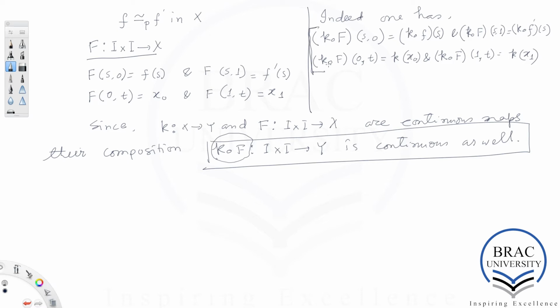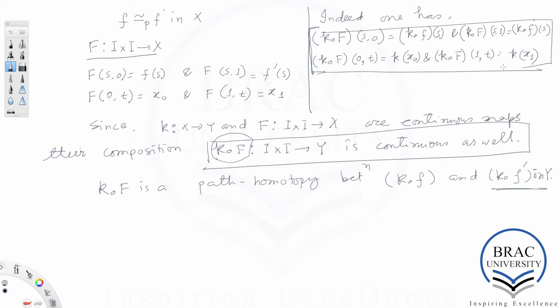Therefore, k composed with F is a path homotopy between k composed with small f and k composed with f prime in the topological space Y. Okay, so we are done checking the first fact.